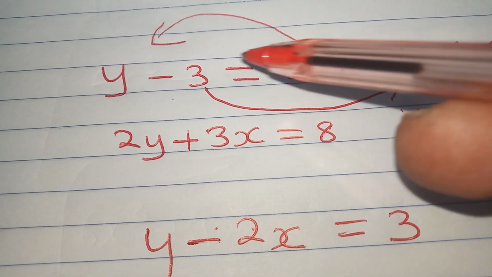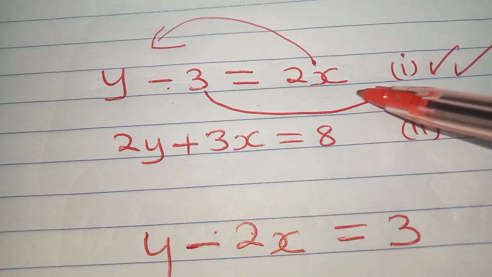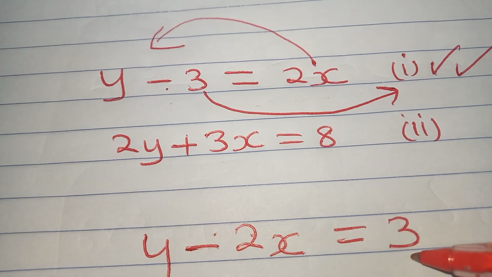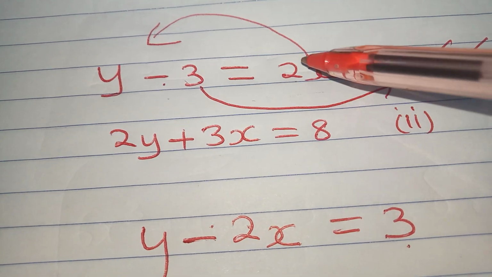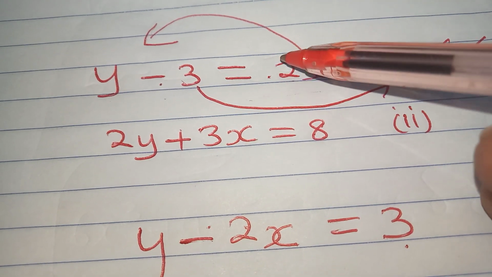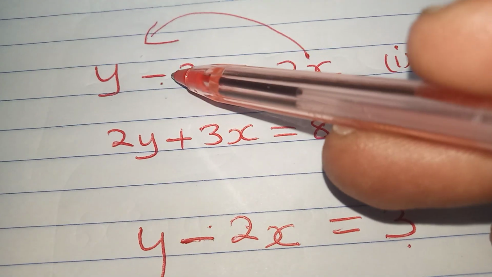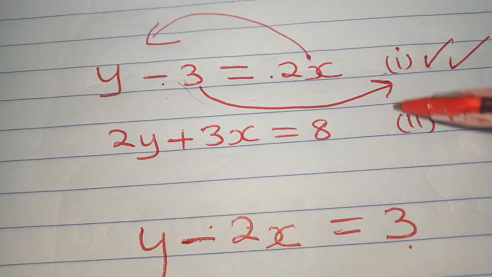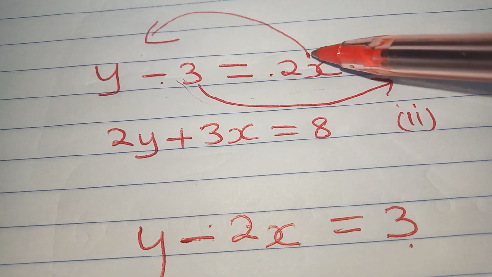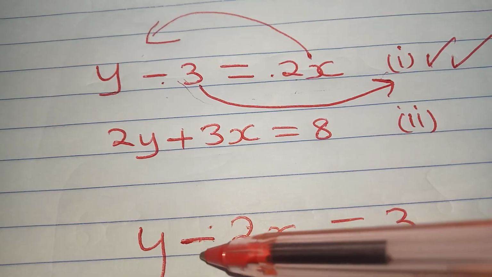Because the constant here has a negative sign; if it crosses the equal sign, it becomes positive. The 2x has a superficial positive sign, and on crossing the equal sign, it becomes negative. So negative 3 crosses the equal sign to become positive 3, and 2x crosses the equal sign to become negative.